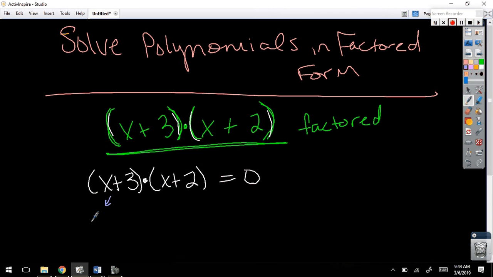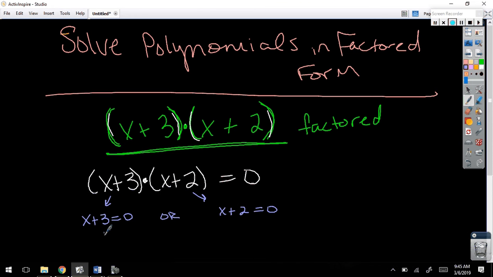So that means that this one is 0 or this one is 0. Do you agree with that? Okay. So if I were asked to solve this for x, then what I would do is set each one to 0.